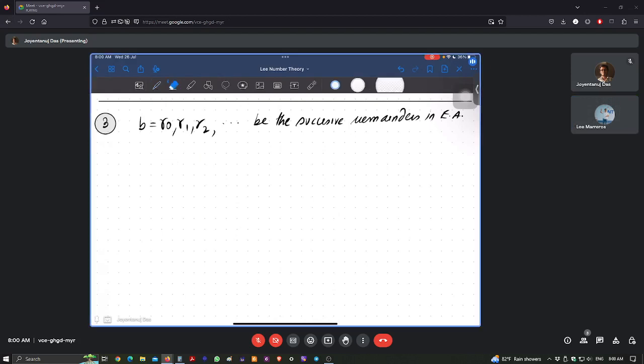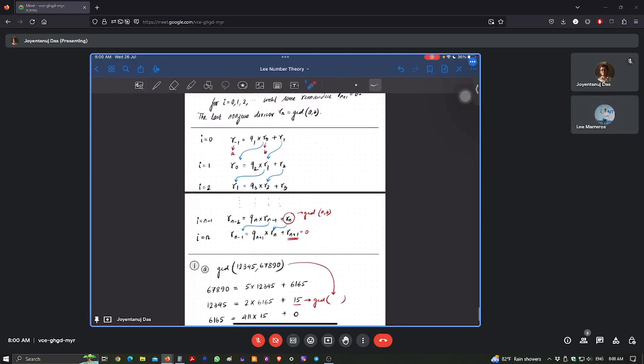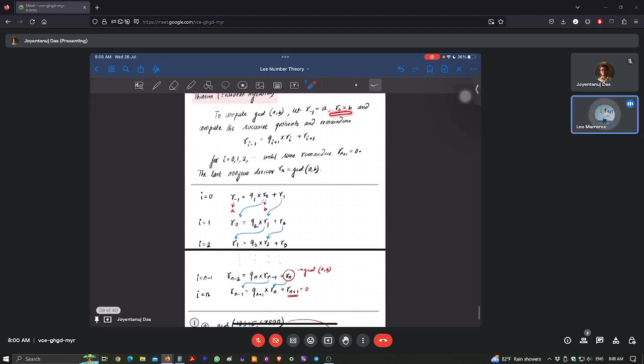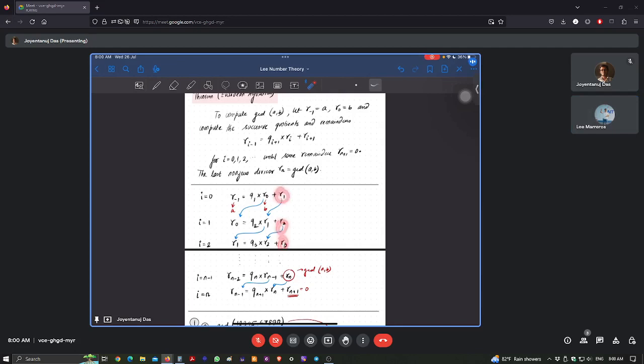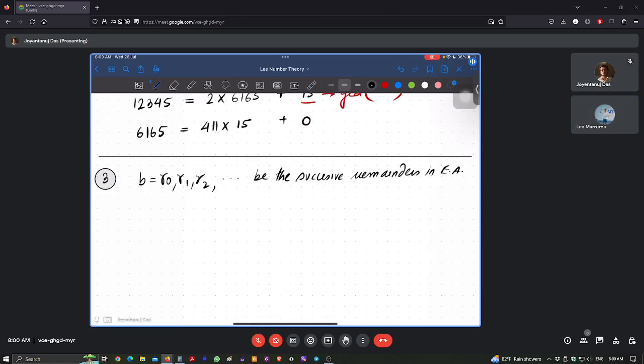So b equals r_0, the first stage is b. This is how we define the Euclidean algorithm. And r_1, r_2, r_3, and so on are the successive remainders in the Euclidean algorithm applied to a and b.